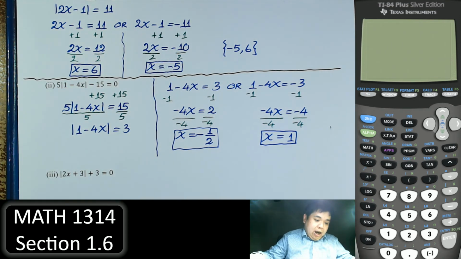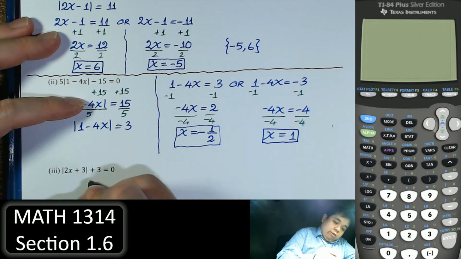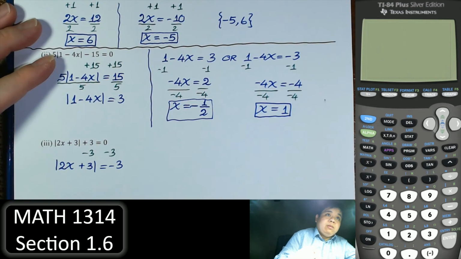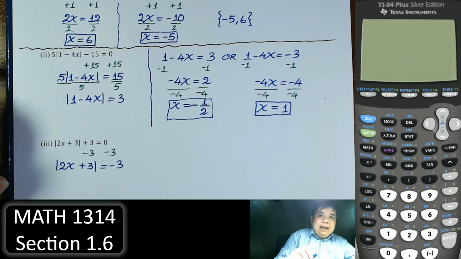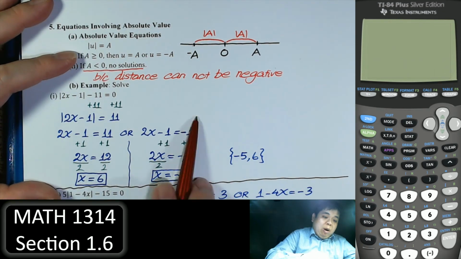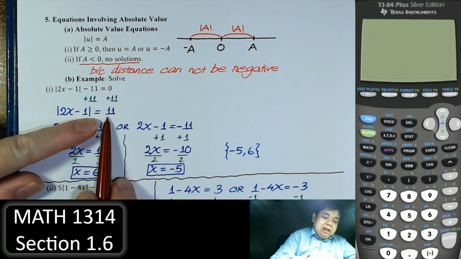Next, the absolute value of x plus 3 equal to a negative number. First, isolate the absolute value. And then notice what we've been doing: the number on the right side is going to be greater than or equal to 0.